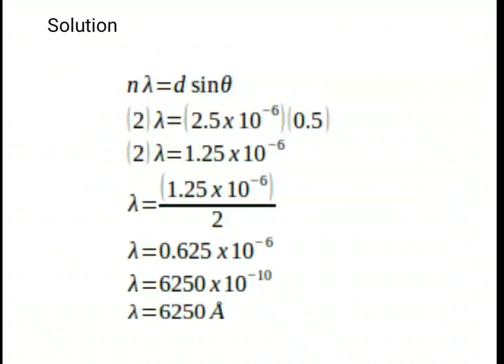As given in the problem, n value is 2 and the distance between the two slits is 2.5 into 10 power minus 6. Sine 30 degrees is 0.5, that is 1 by 2. So 2.5 into 10 power minus 6 into 0.5 is 1.25 into 10 power minus 6.